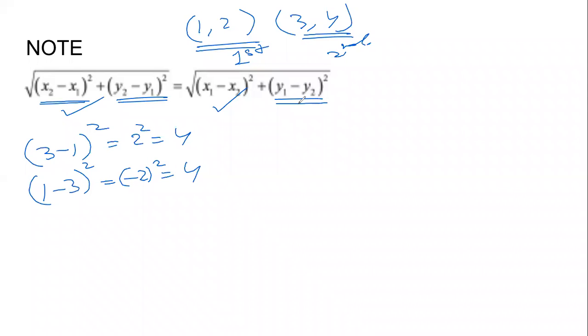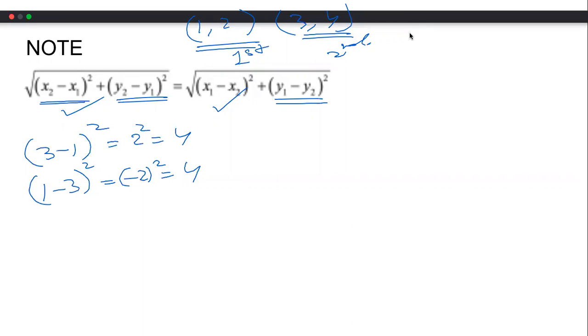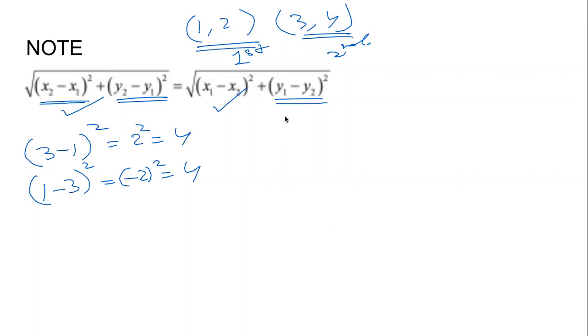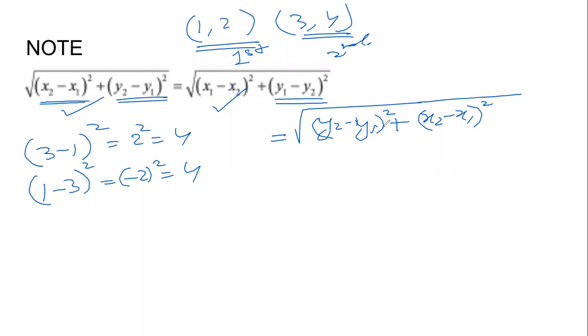We can also write in two other ways. I write it in the third way. You try to find out the fourth way. तभी तो मजा आएगा. We can also write it like this: y2 minus y1 whole square plus x2 minus x1 whole square. मैंने इसका बस प्लेस चेंज कर दिया.